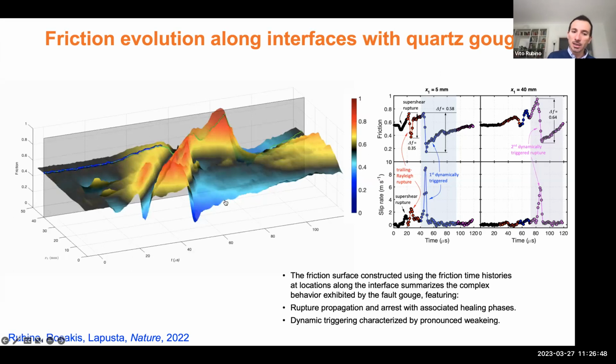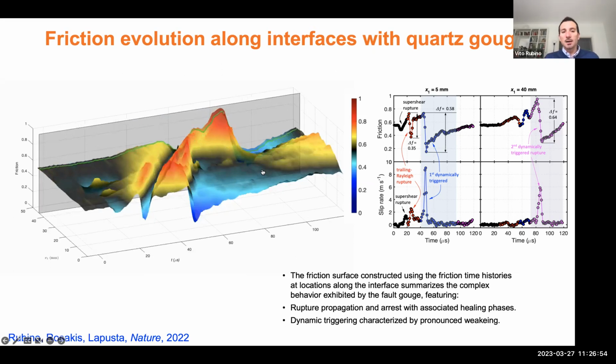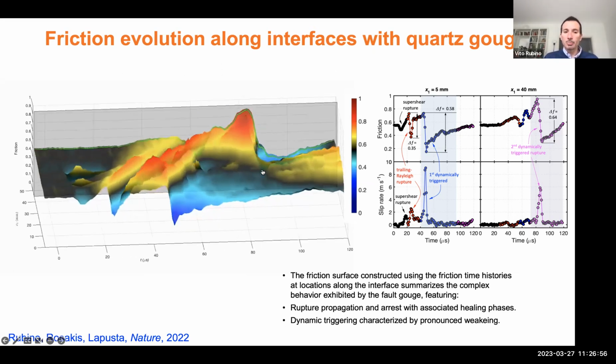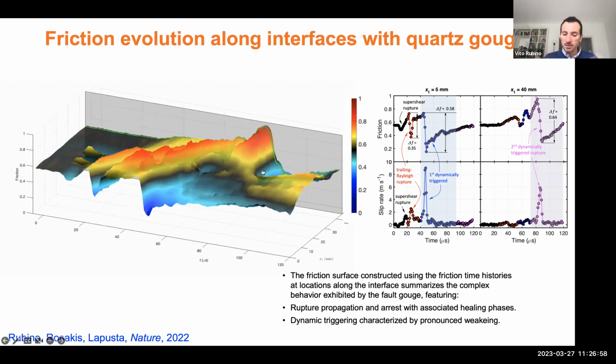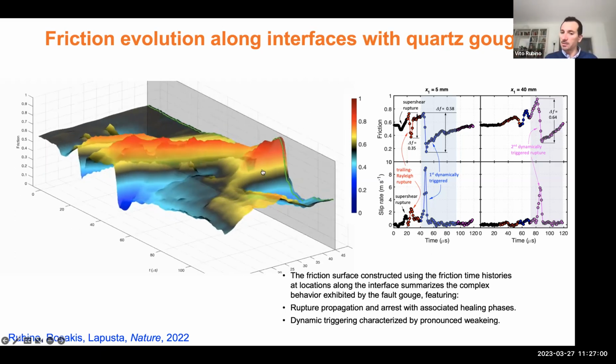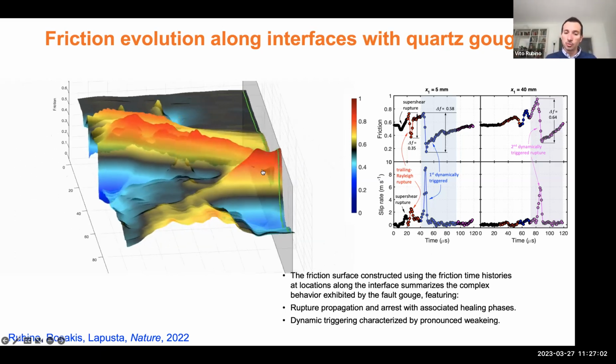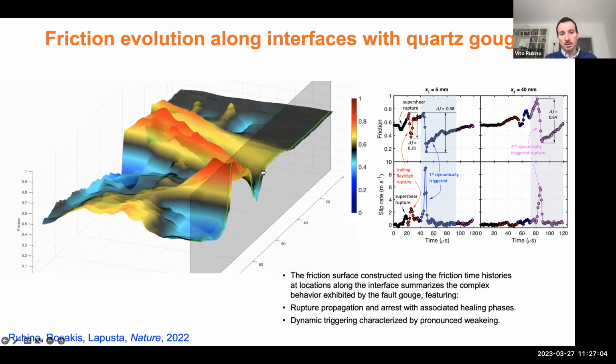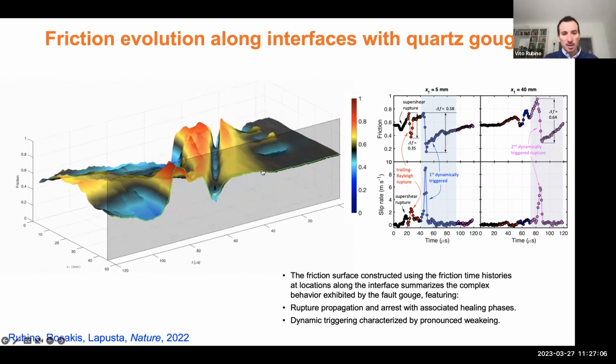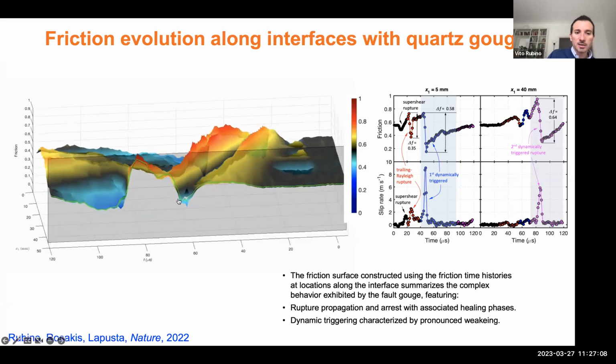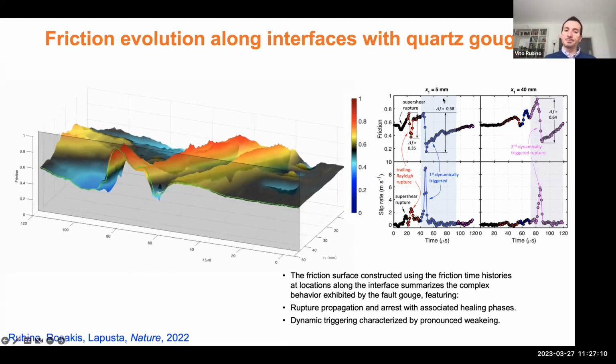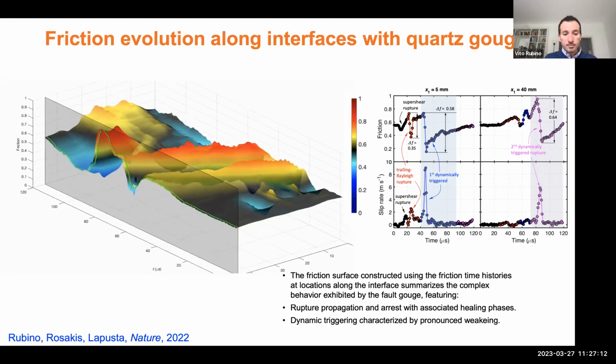The valleys in blue are locations where ruptures renucleate, and we have this pronounced weakening and this runaway of dynamic events in gouge, which we do not observe for analog materials. Here we have the topography spinning around. This valley here is due to the initial trailing Rayleigh rupture.